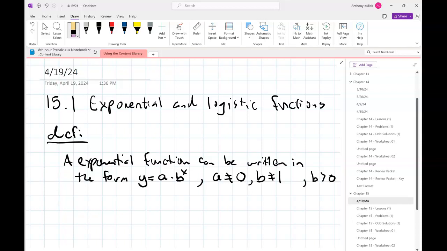What would happen if we allow b to be negative? This is harder to see what the issue is going to be. So here's the answer. If we let b be a negative value, x, the exponent, can be anything, right?